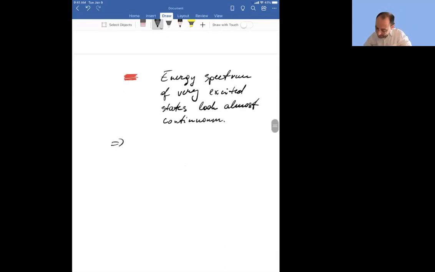That's what this really means. Highly excited states are sort of more classical or classical-like.